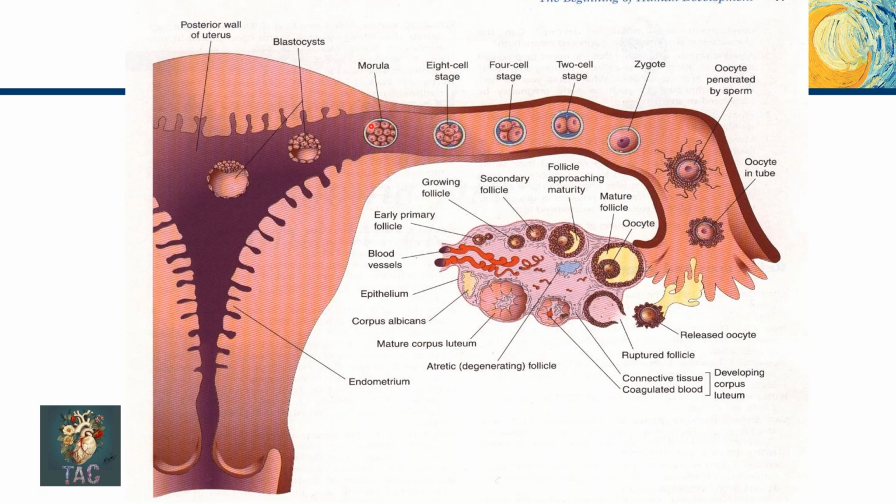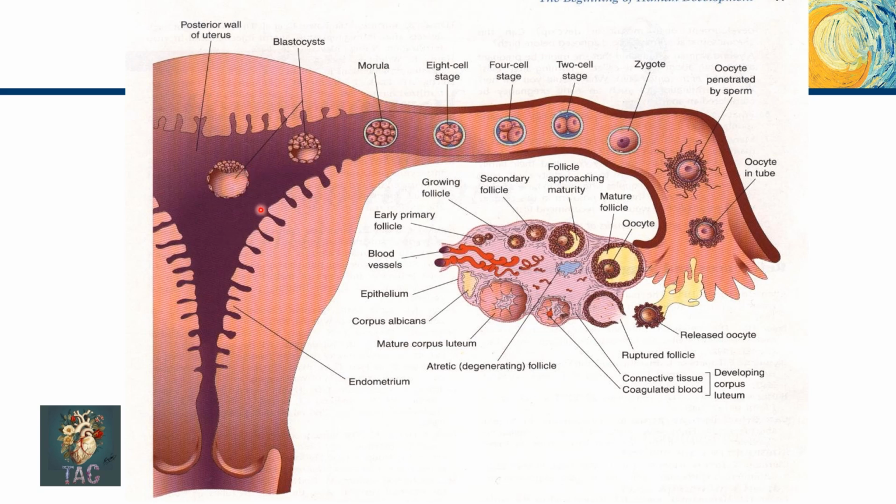Here you can also see that at this stage the zona pellucida is still present, but as it enters into the uterine cavity and fluid enters into the intercellular spaces of the inner cell mass, the size of the morula increases, a cavity forms, it becomes the blastocyst, and at this stage the zona pellucida disintegrates, and the process is called hatching.